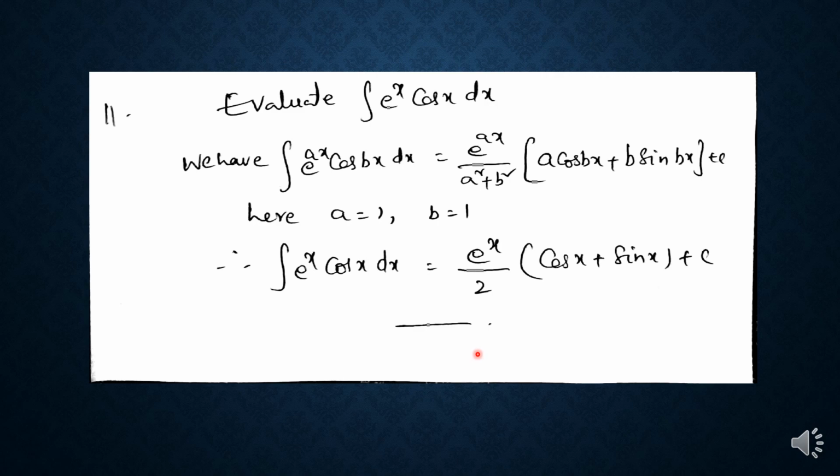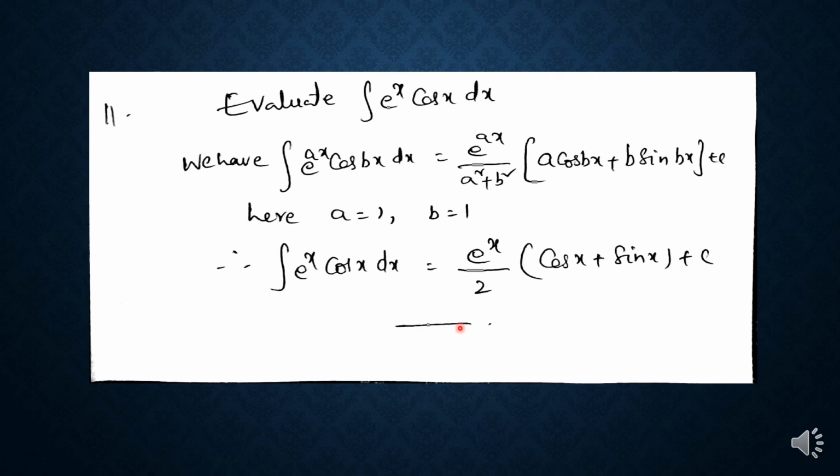An alternate formula is also there for the integration by parts rule, that is, integral of f(x) into g(x) dx, that means first function f(x) and second function g(x). First function into second function dx is equal to first function f(x) into integral of g(x) dx, minus integral of the derivative of the first function into the integral of the second function, whole integration, plus c.